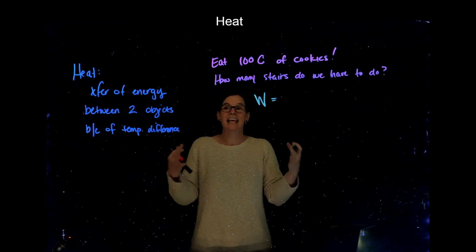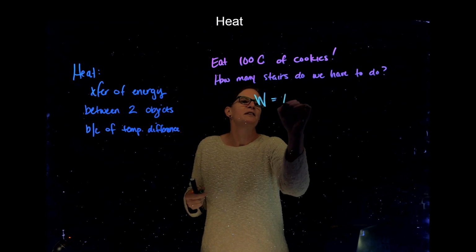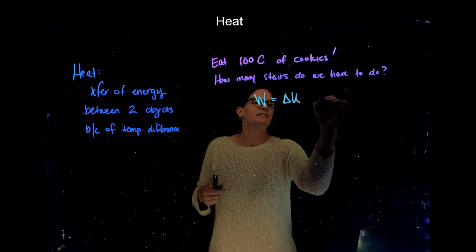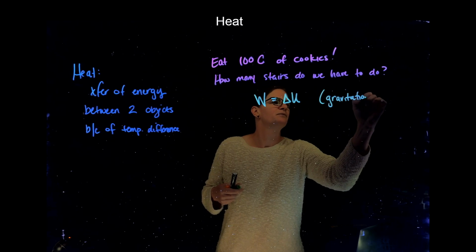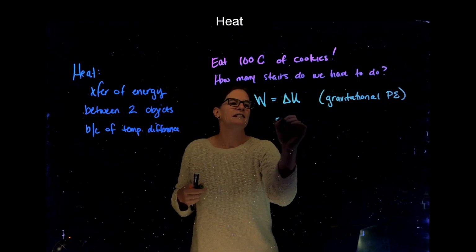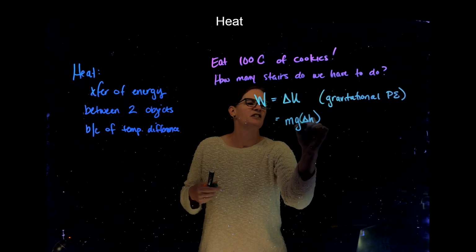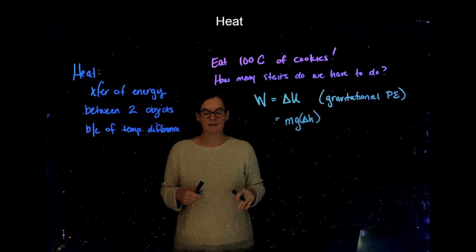In this case, it takes so much work to change our potential energy, a change in gravitational potential energy. And so this is our mg delta h, that change in height, change in altitude, change in the number of steps that we do.